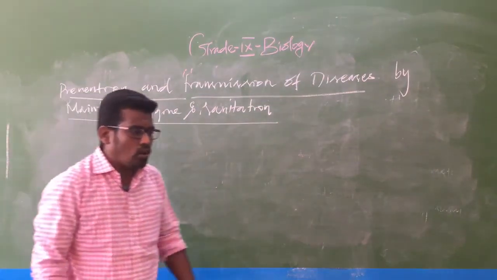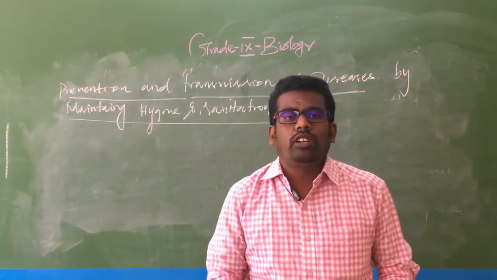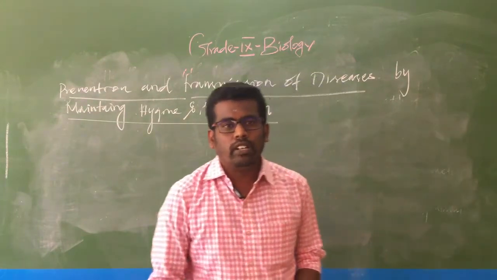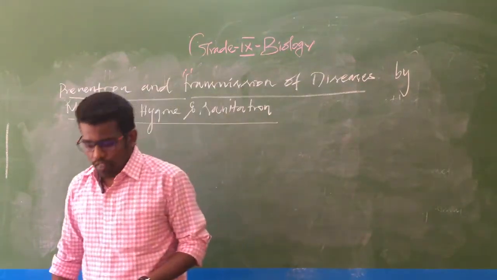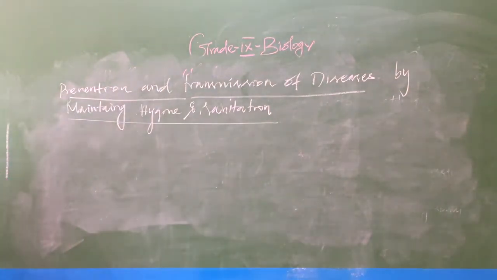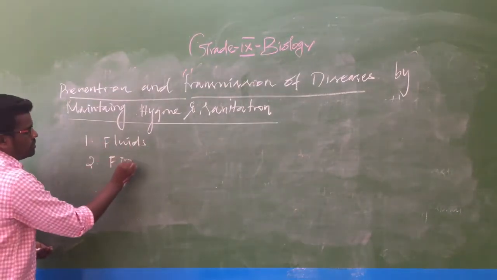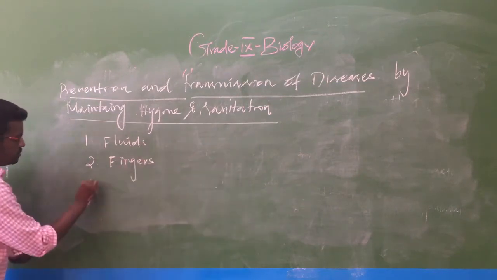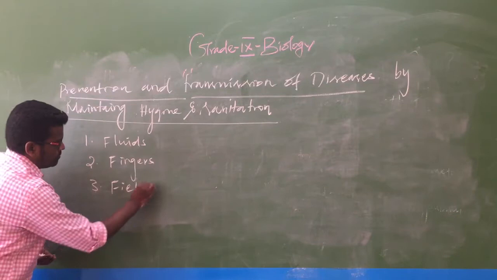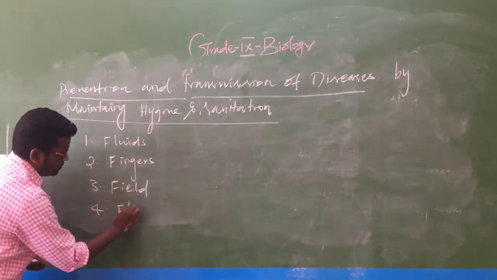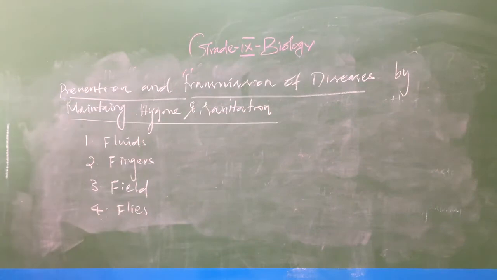If you follow personal hygiene and sanitation, we can prevent a lot of diseases. For that, we have to follow the 5 F's. The first one is fluid, fingers, feed, flies, and flood.